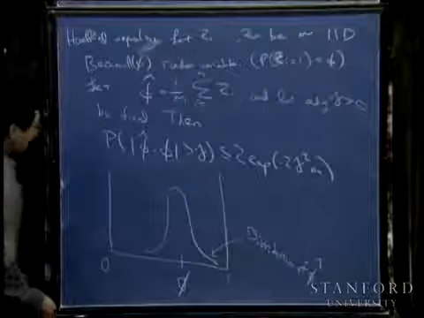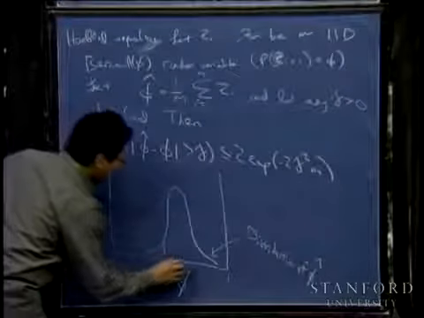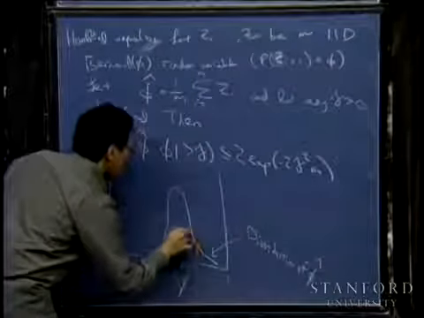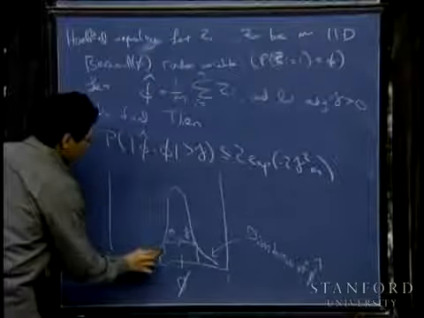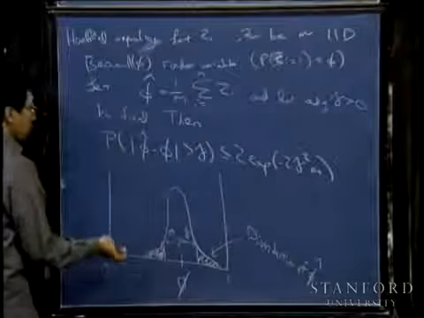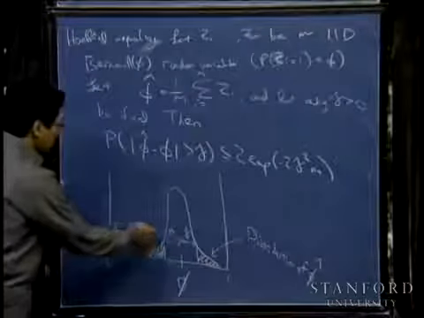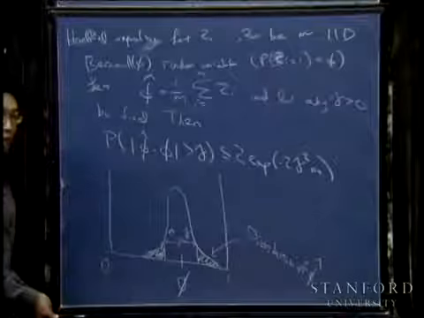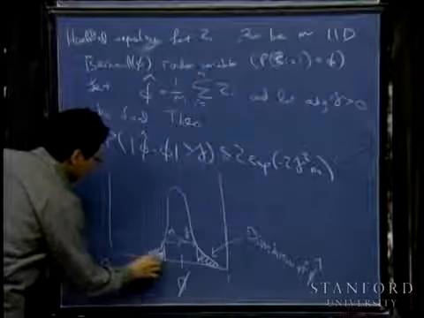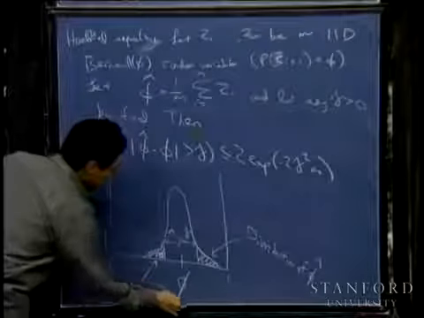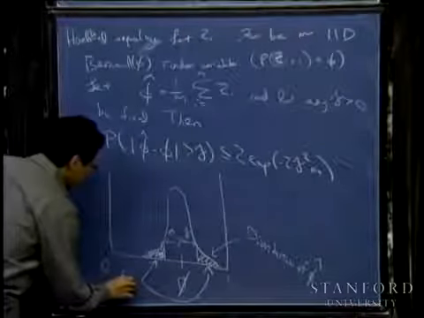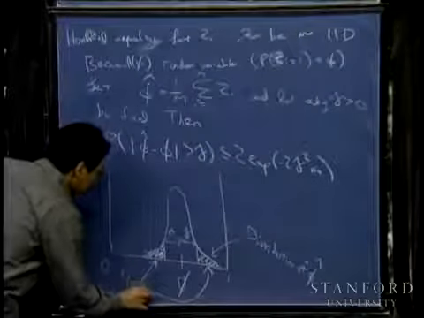So what the Hoeffding inequality says is that if you pick a value gamma, that's one interval gamma, that's another interval gamma, then it's saying that the probability mass out in the tails, in other words, the probability that my value of phi hat is more than gamma away from the true value, the total probability mass in these tails is at most 2 e to the negative 2 gamma squared m.